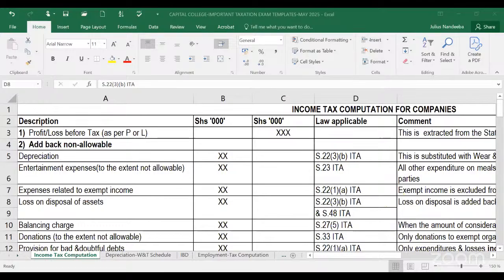So the word chargeable income is the revised profit of the accountant. And the revised profit is that if they have given you a profit of 29, if you discover that some expenses were not supposed to be deducted, you added them back. If you discover that some incomes were not supposed to be taxed, you subtracted them. If you calculated the capital allowances on the assets, you subtracted them. And then you have an adjusted profit. We are calling chargeable income that you're going to apply the tax. Now, when you get into the exam, ladies and gentlemen, this is what you're going to do. I hope you can see this.